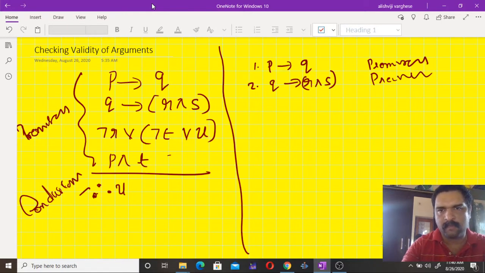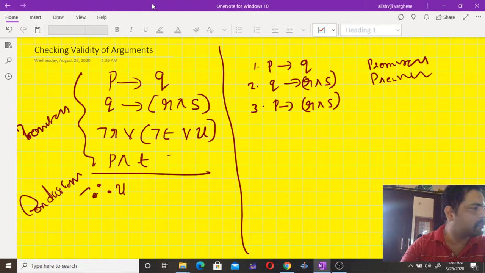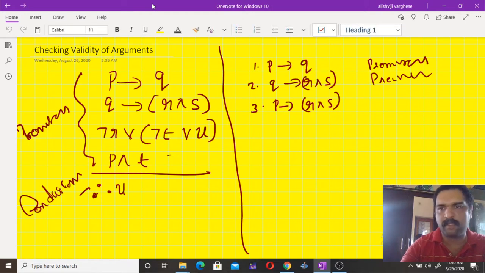Now from the first and second, P implies Q and Q implies R and S, so we can conclude that P implies R and S. This is a logical argument: P implies Q, Q implies R, then P implies R. That logical implication is known as the logical syllogism.